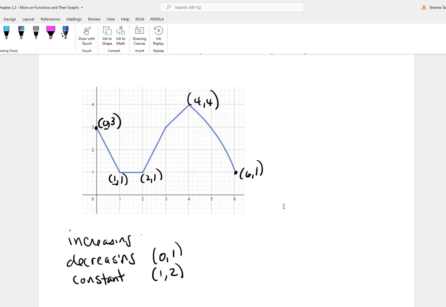From this point 2, it goes up, and it looks like it goes up to 4. So it's increasing from 2 to 4, and then from 4, it goes down. It's decreasing. So it decreases from 4 to 6. Notice I'm only using the x values.